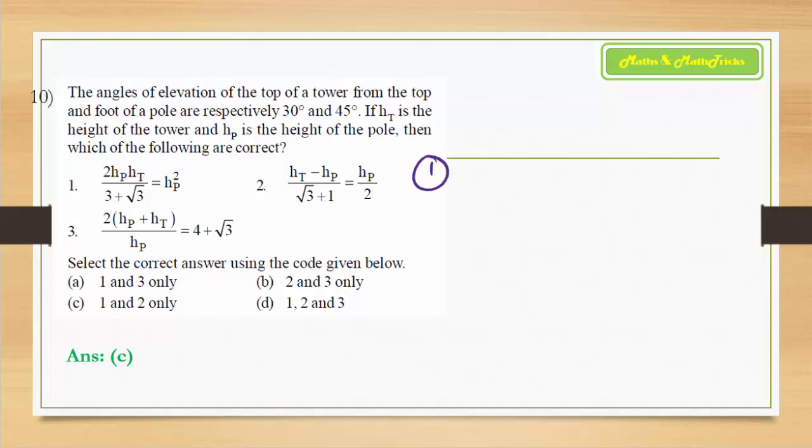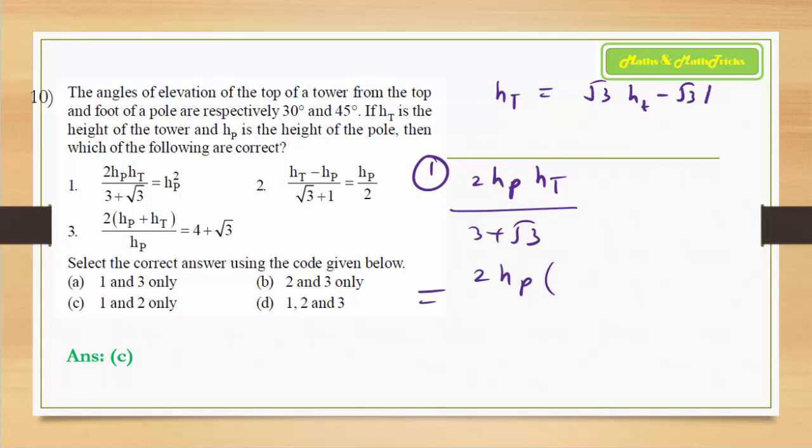If you take the statement 1 LHS part, 2 times HP divided by 3 plus root 3, and you substitute the value of HP or HT, I'm writing HP as it is, then HT I have to substitute. We have obtained the equation so far: HT is equal to root 3 times HT minus root 3 times HP. So HT times (1 minus root 3) is equal to minus root 3 HP.